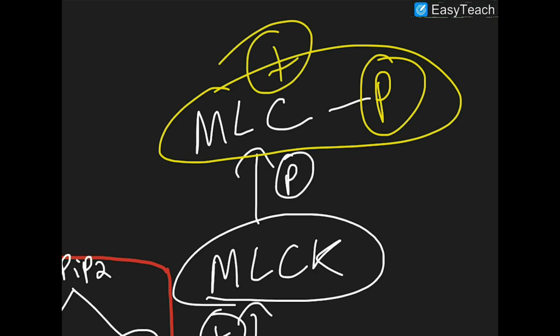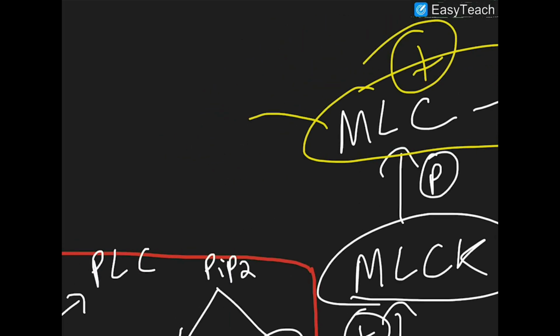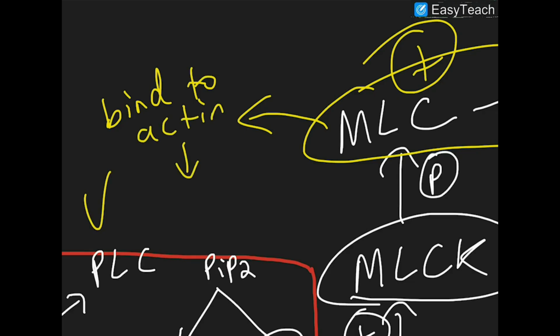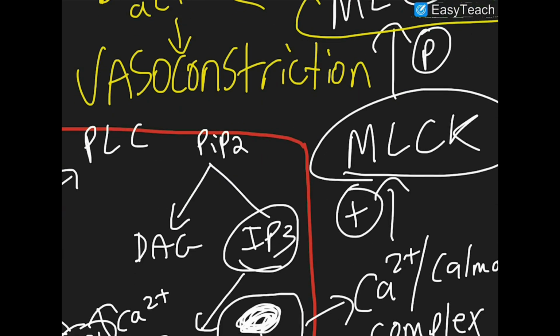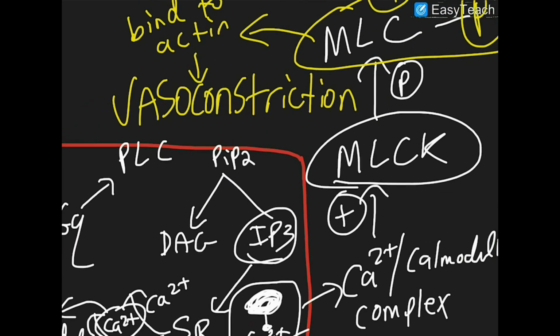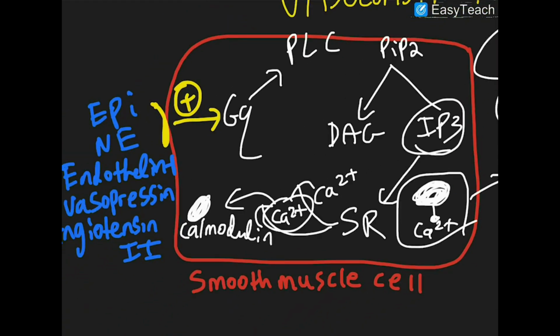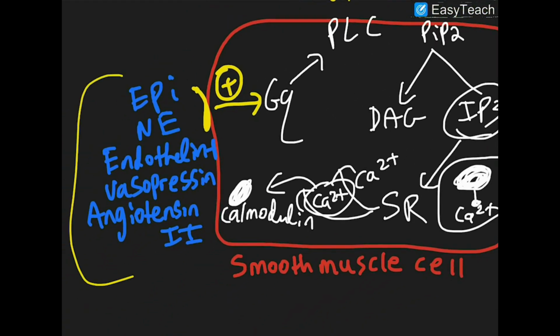Now this means that this myosin then can go bind to actin and then lead to vasoconstriction. Okay, so that's when the blood vessel diameter gets smaller. So that's how vasoconstriction normally occurs on blood vessels, with these being the triggers.